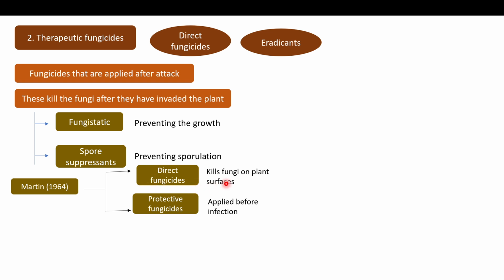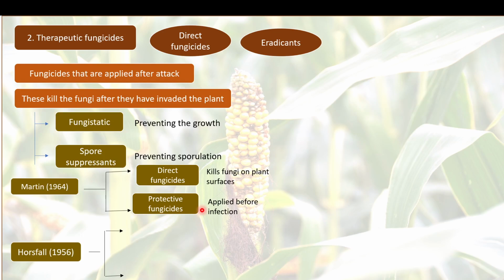Direct fungicides kill fungi on plant surfaces, the pathogen that is there on the surface itself. Protective fungicides are those that are applied before infection. So all the fungicides applied before infection of the pathogen are called protective fungicides according to him.